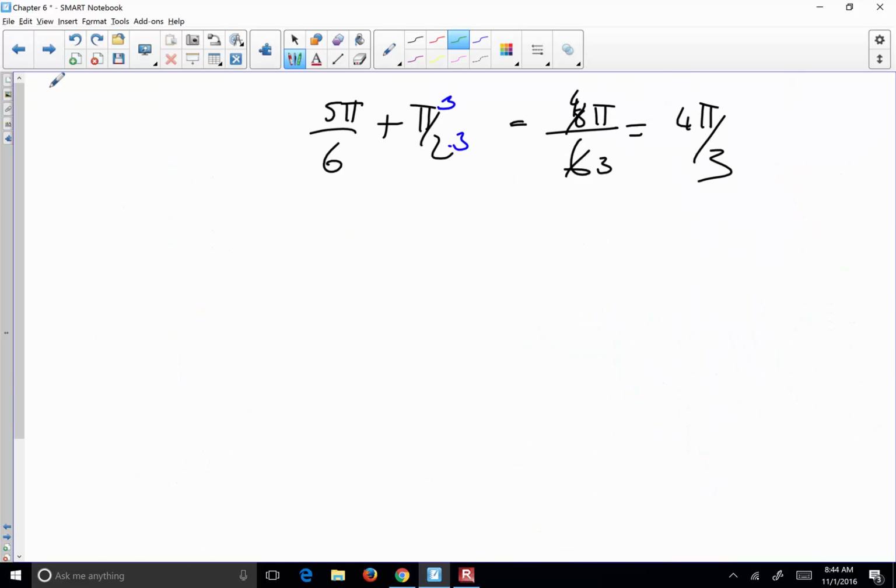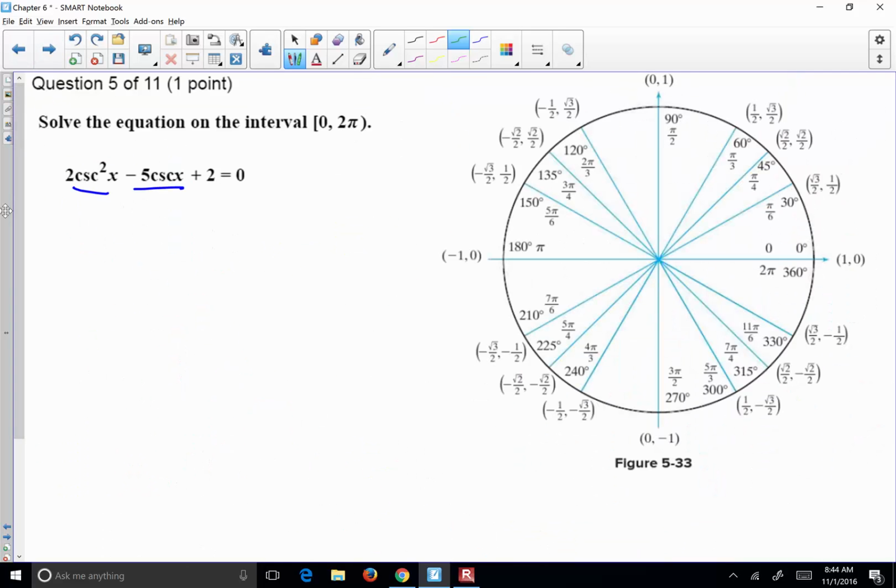Alright? So what shall we do? Any ideas? Remember, to solve for x you need to get cosecant isolated from the other group. Get cosecant alone. This is our target. Get cosecant x alone on the left side, like this. We need to separate all the cosecants.